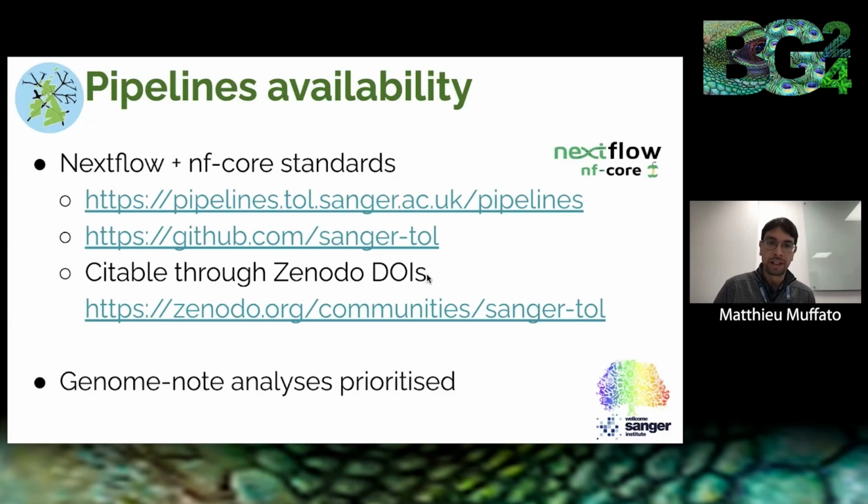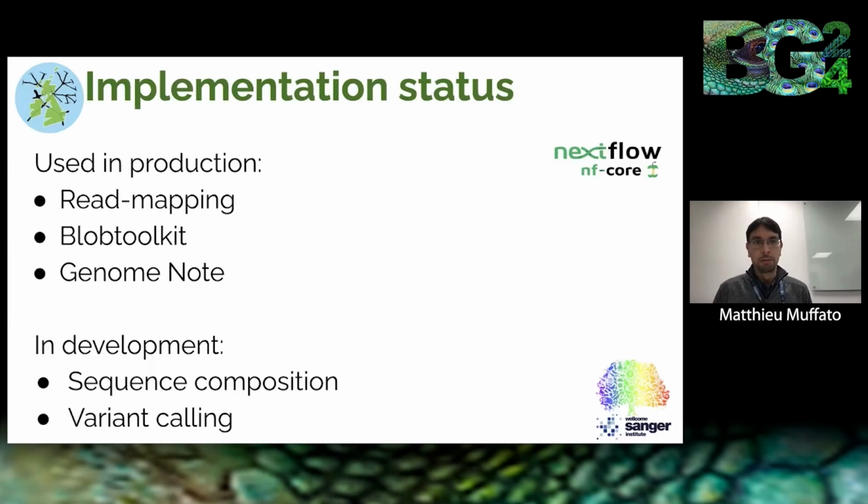So at the moment, we've prioritized all the analyses that are relevant to produce the genome notes. That includes what we call the remapping pipeline that gives us alignments and coverage, BlobToolKit, which gives us contamination analysis, and our pipeline that we call genome note, which collates different assessment metrics about the assemblies.